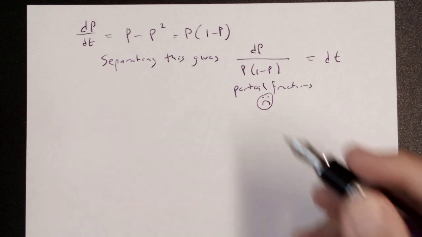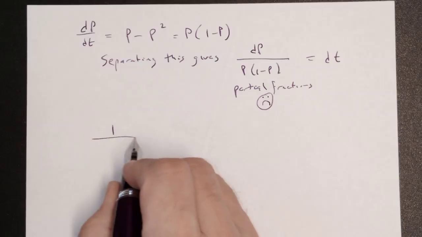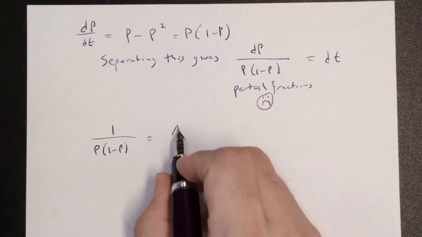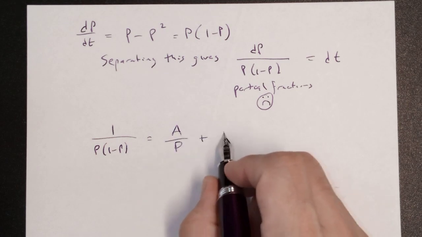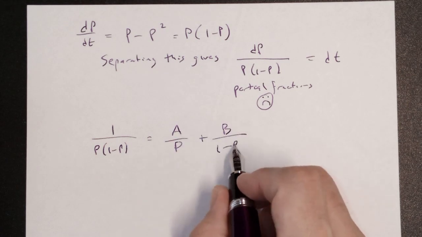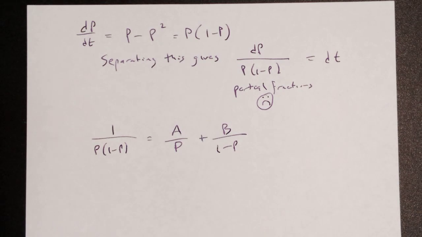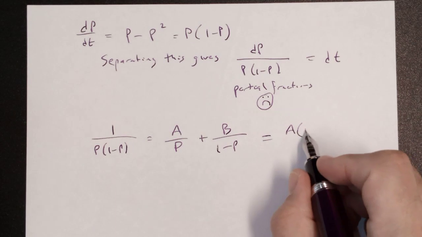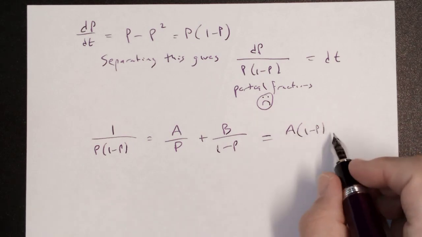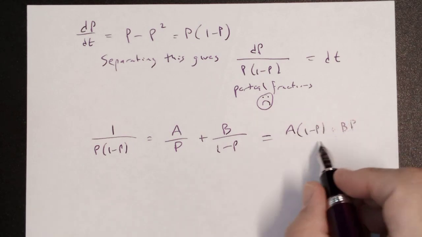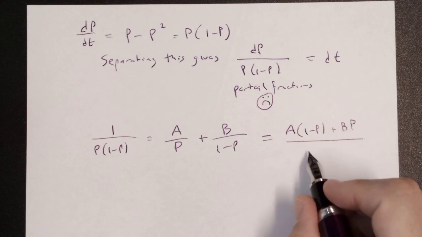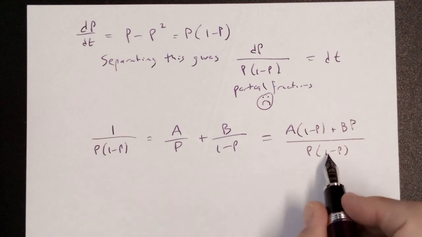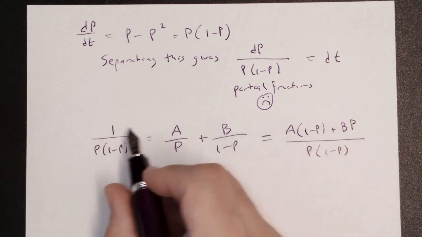So I say to myself, all right, 1 over p times 1 minus p should be equal to something over p and something else over 1 minus p. And now I do a common denominator on the right. And if the bottoms are the same, then the tops should be the same.